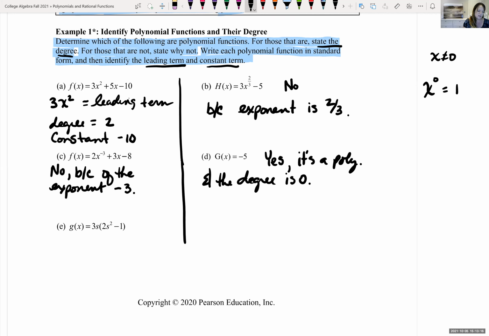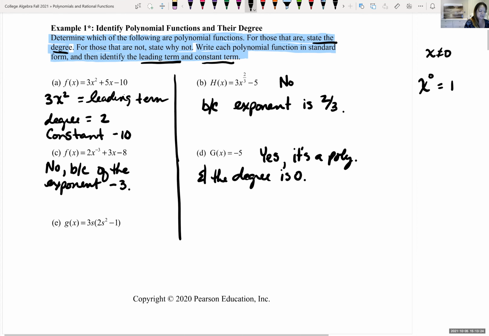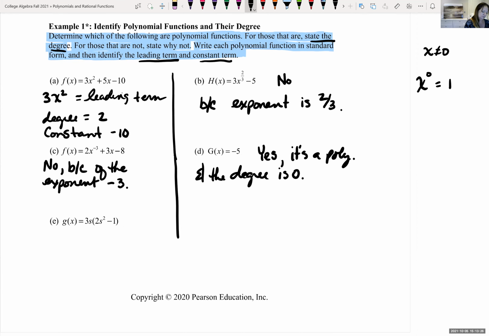Well, there's only one term, and so the leading term is the same as our constant term, which is negative 5. So leading term and constant is negative 5.